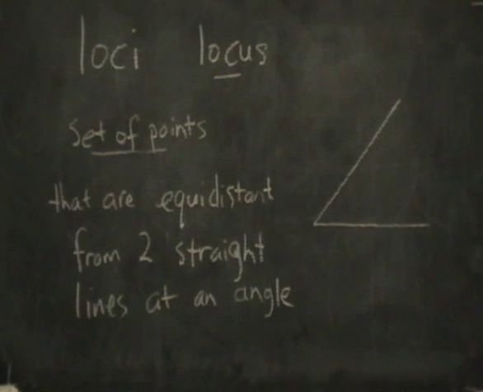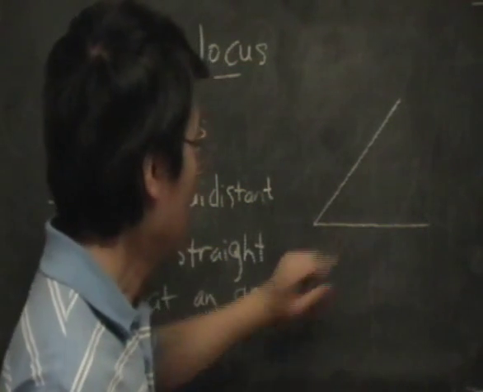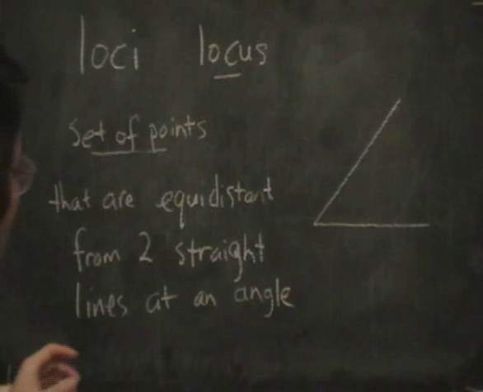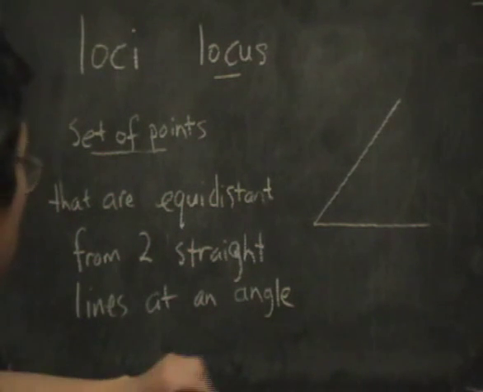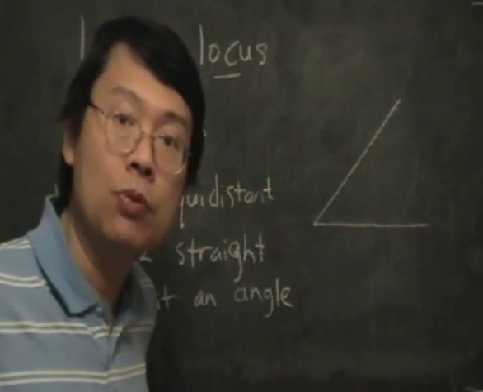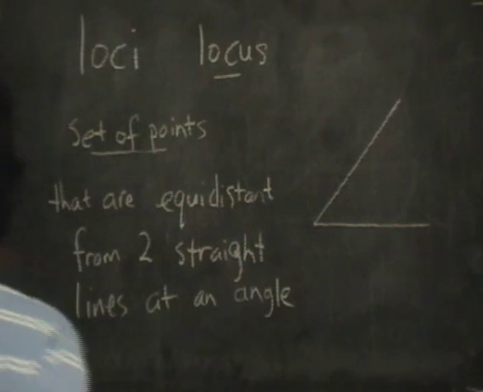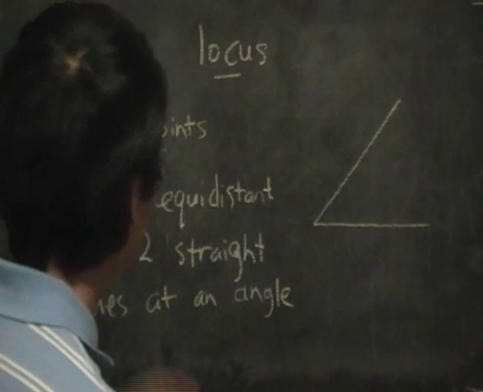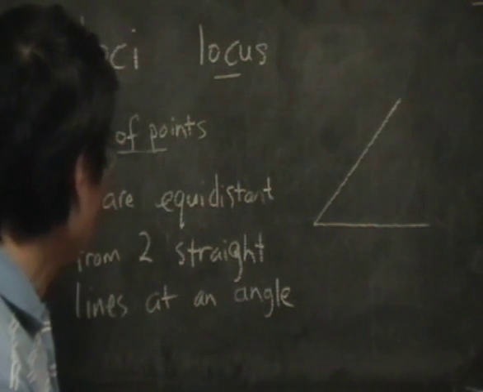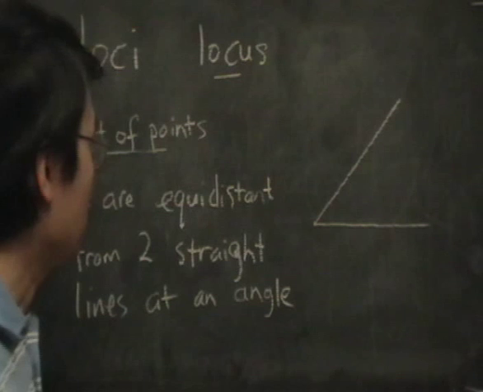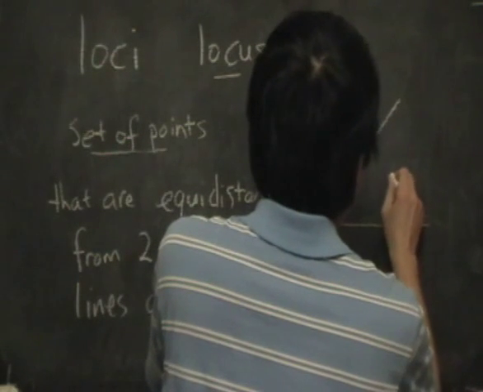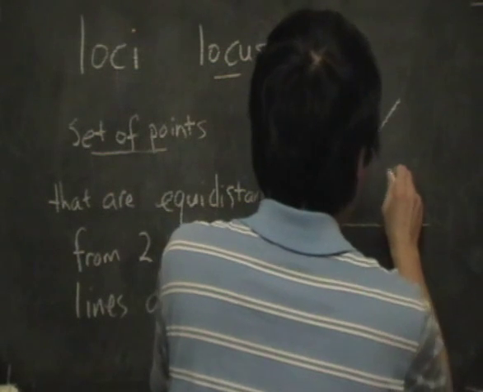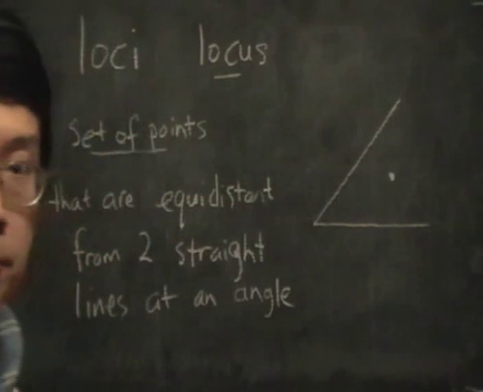So we have two straight lines that are at an angle, and we want to find a set of points that are equidistant from both lines. Now what does that mean? Equidistant from a line. Now let me just put a point there as an example.